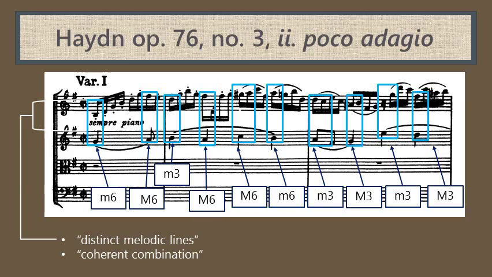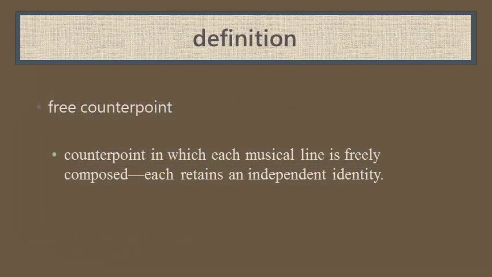Now, both of these lines are distinct such that they have basically nothing in common, and counterpoint of this type has a particular name. Free counterpoint is counterpoint in which each musical line is freely composed.